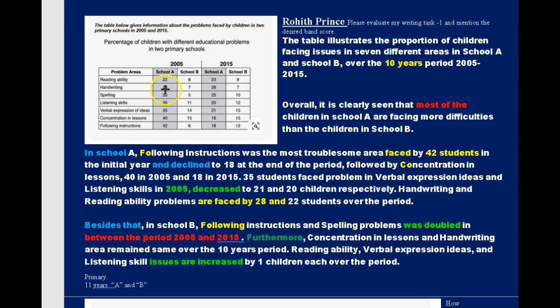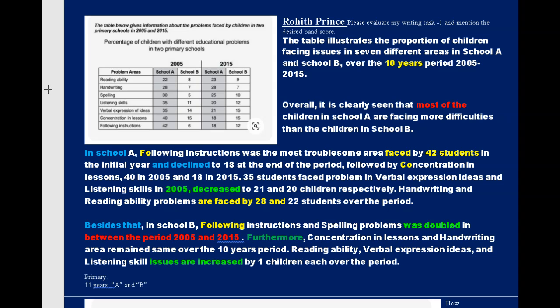No. No one category is over 50%. I'm sure a lot of the same kids are in each of these sections. If you have a problem with your handwriting, you probably have problems with following instructions. I don't know, but they're not different kids, and we don't know. Anyway, the overall percentage is less than 50%, so "most of the children" is very confusing and inaccurate, because it's not most of the children. More of the children are facing more difficulties than children in School B.